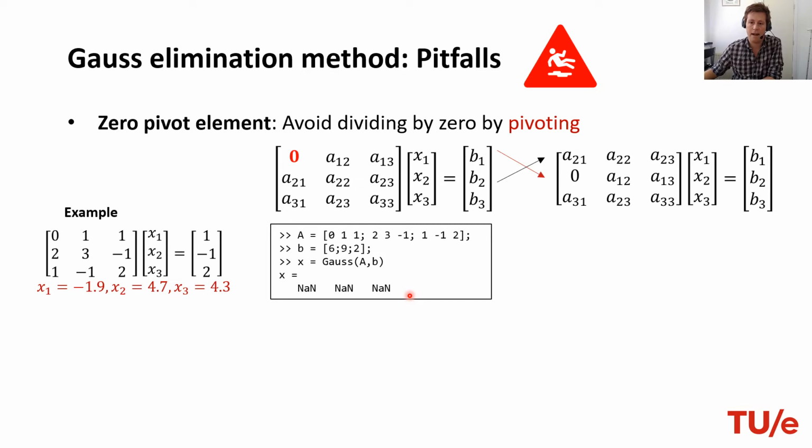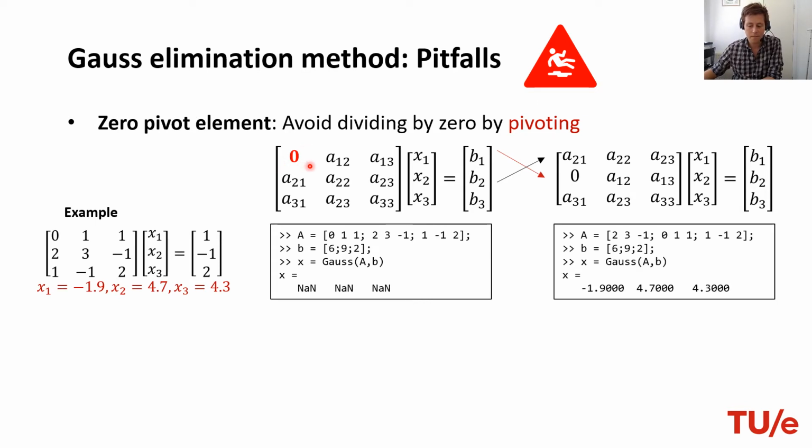Why? Because that algorithm does not take into account that this is a 0 and it does not do any pivoting automatically. However, if we exchange those rows before feeding this matrix to the algorithm, then the outcome is correct. So this is something that you would ideally have your algorithm check by itself and do this pivoting automatically.